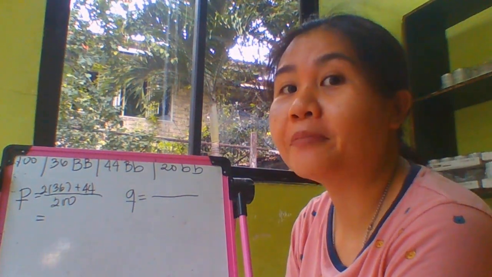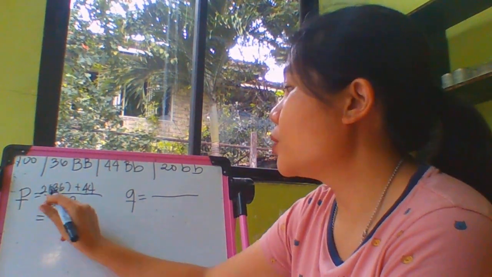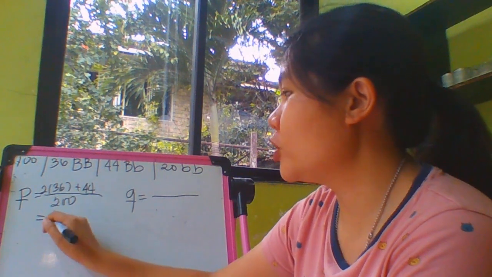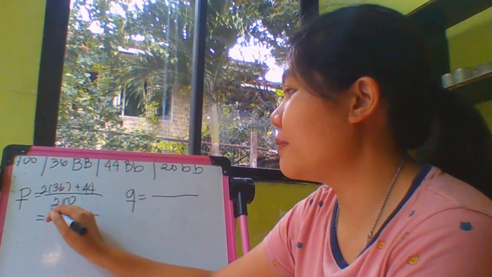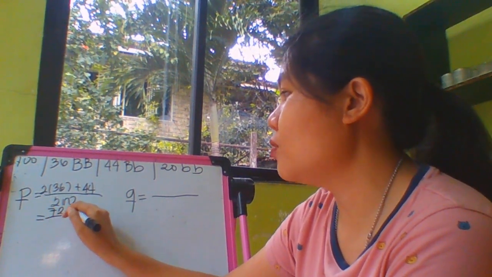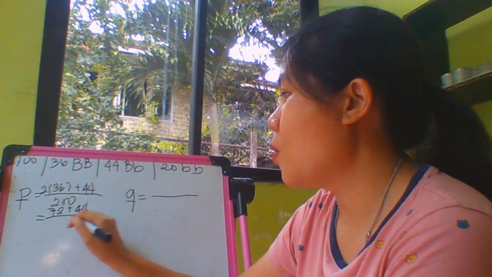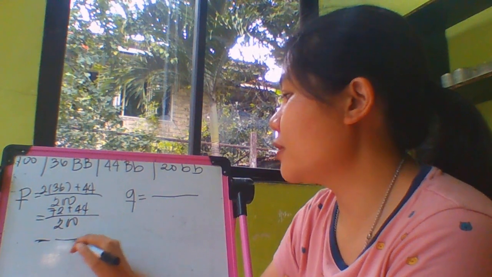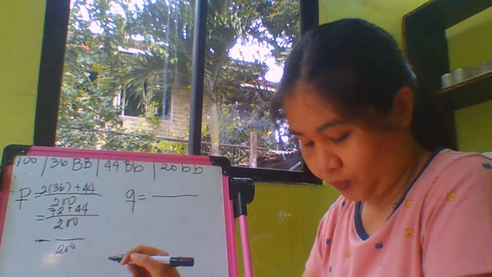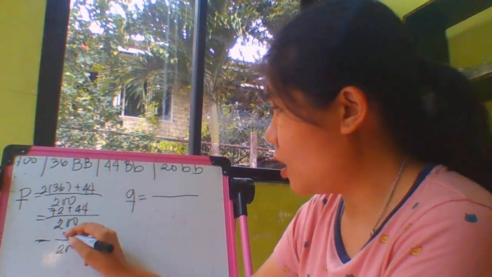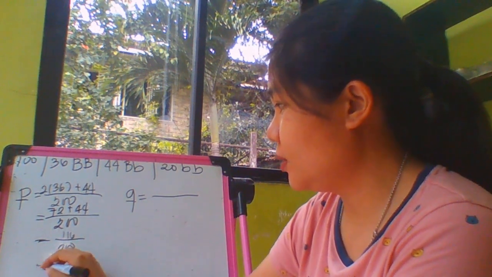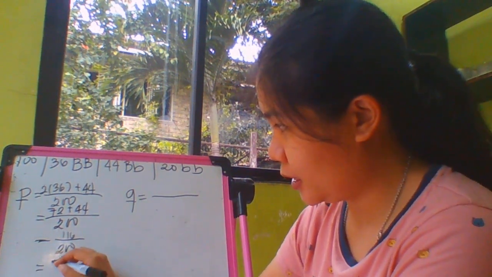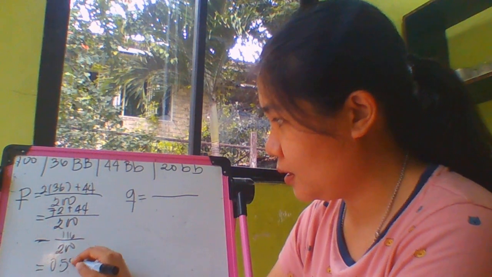Use the MDAS rule, so you have to multiply first. You have 36 times 2, that's 72, plus 44 over 200. So that's 116 over 200, and that is 0.58.